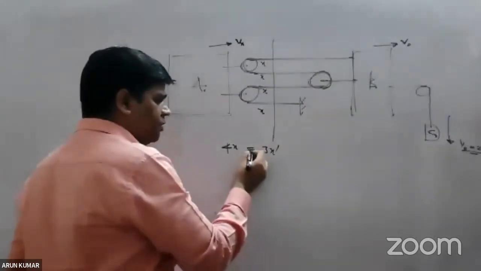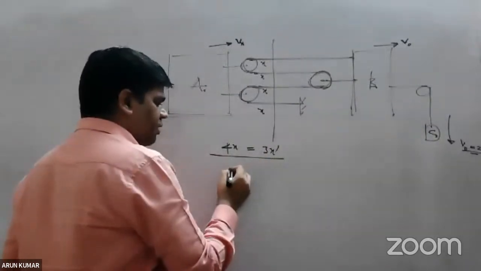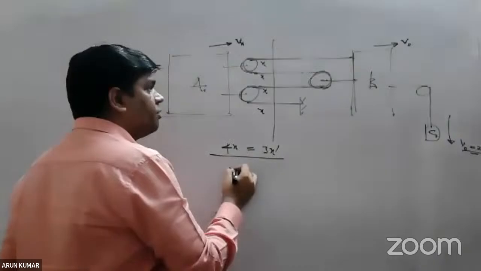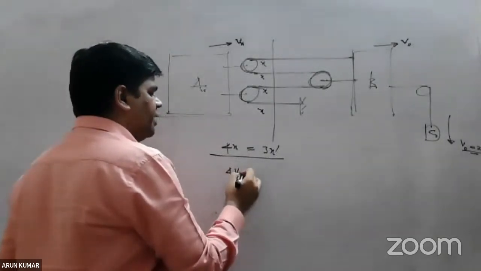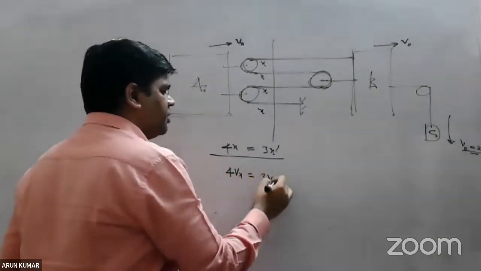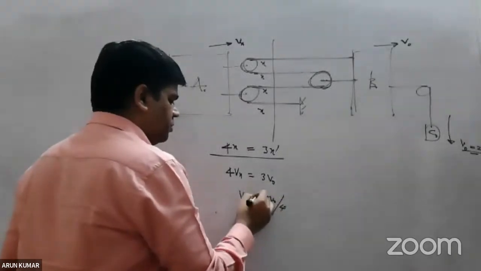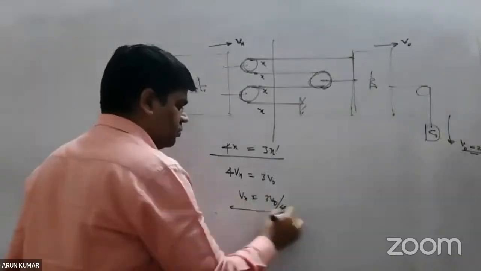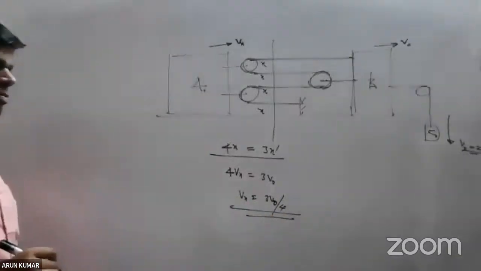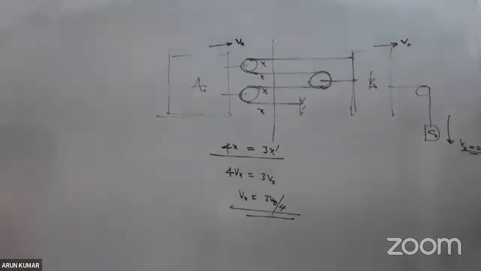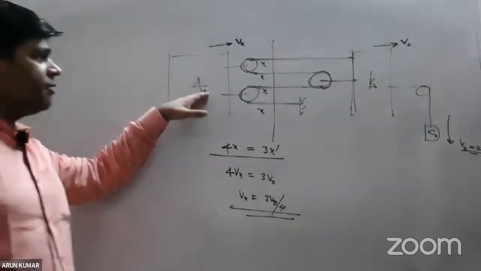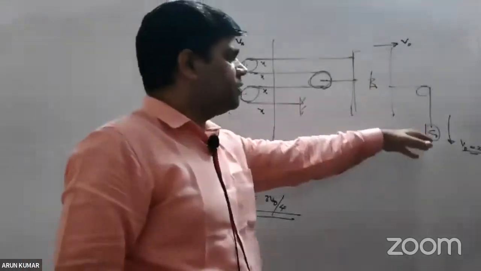So this slackening should be equal to tightening. So I'll have 4Vx is equal to 3V naught. Vx is equal to 3V naught by 4. So this goes with 3V naught by 4, this goes with V naught, and this goes with V naught.